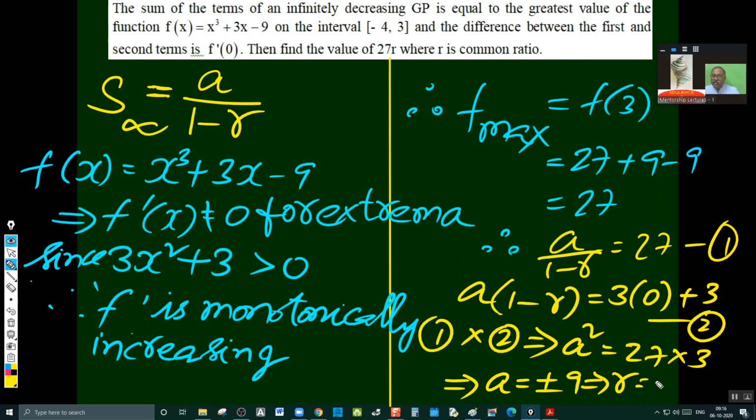R is equal to 1 minus 1 by 3, 2 by 3. 2 positive value ले लिया मैं. 2 by 3. तो 27 और 18 हो जाएगा. Therefore, 27R is equal to 27 into 2 by 3. It should be 18.